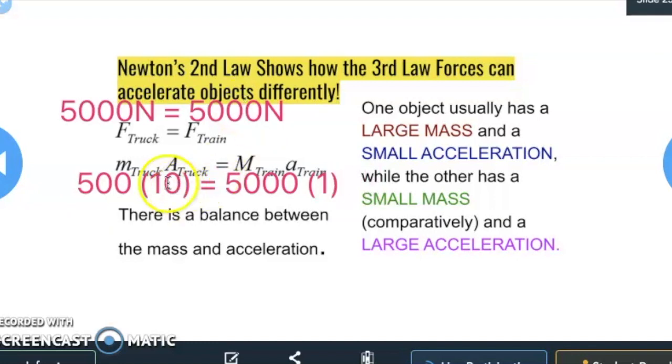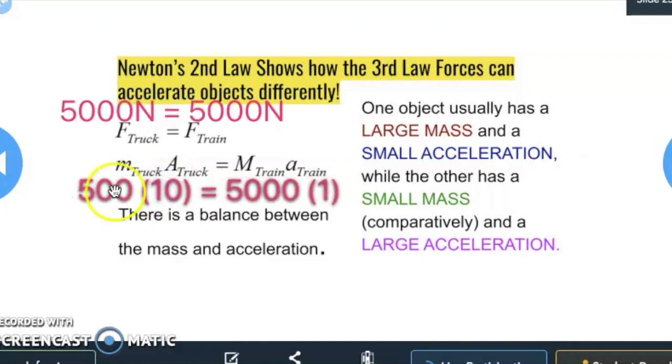So if we look at that, it's like a little balancing act almost. The smaller massed truck has a larger acceleration of 10, where the larger train has a smaller acceleration of 1 meter per second squared, in order for both forces to be the same size.